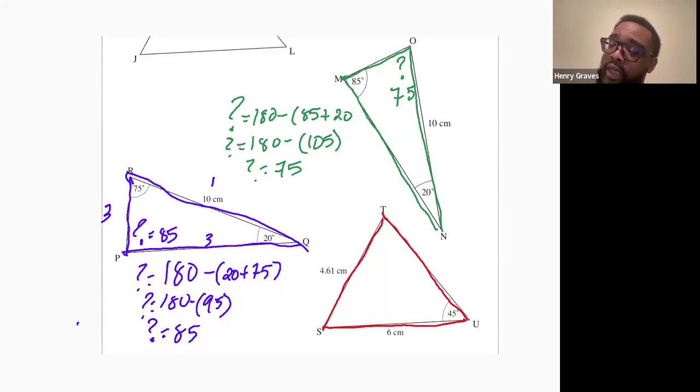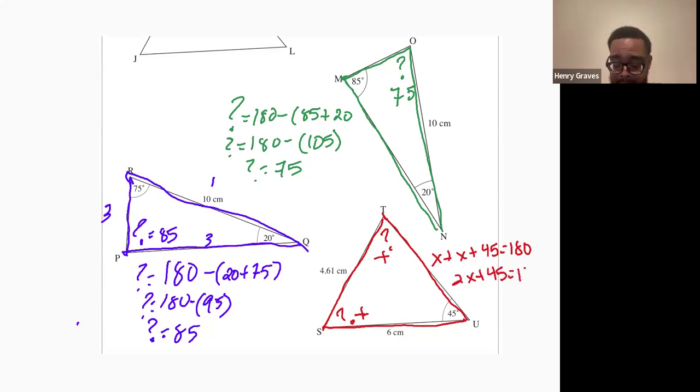So these two missing angles on the red one, I'm going to call them X and X. So it's going to be X plus X plus 45 equals 180. So it'd be 2X plus 45 is equal to 180. I subtract 45 from 180. Gives me 135. So 2X equals 135.